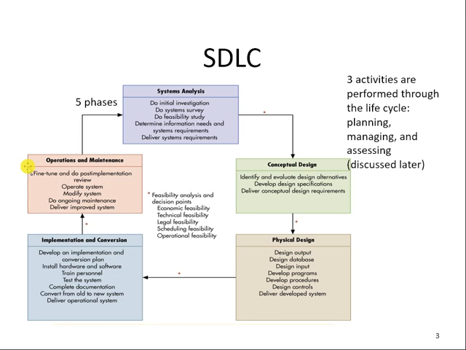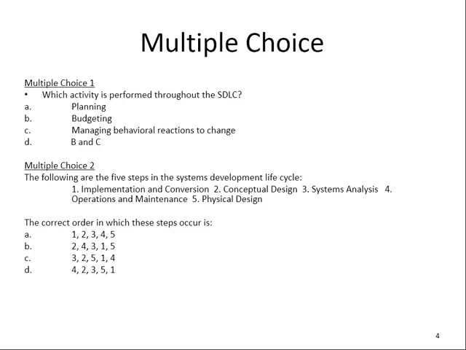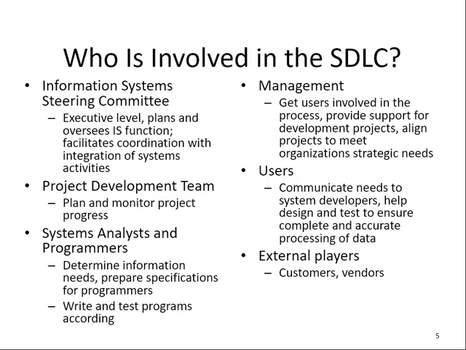So it is important to note that throughout these 5 steps, 3 activities are performed: planning, managing, and assessing. Okay, so have a brief test, and we're gonna move to the next.